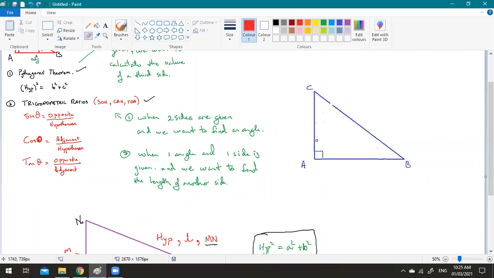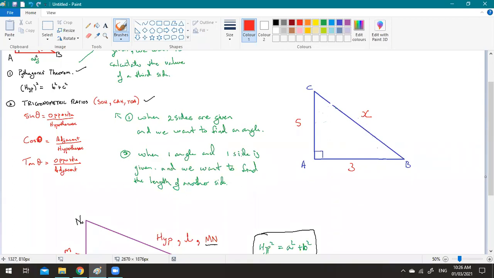All right. What about if they give us here's 5 and here's 3 and here's x? What formula are we going to use? Tan? So we use cos? No, there is no angle.